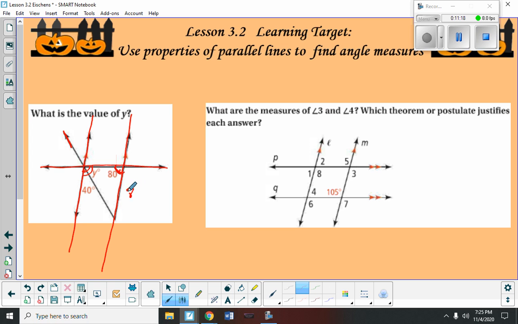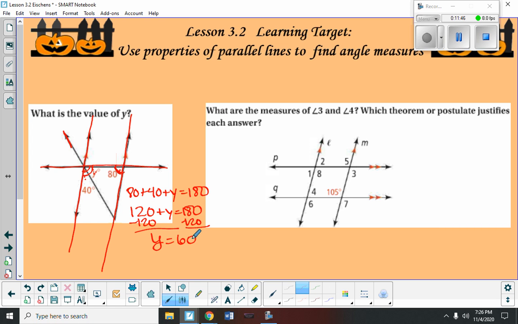So 80 plus, this would be 40 plus y. That whole angle, by the angle addition postulate, is 40 plus y plus 80 equals 180. So that would be 120 plus y equals 180. So y would equal 60.